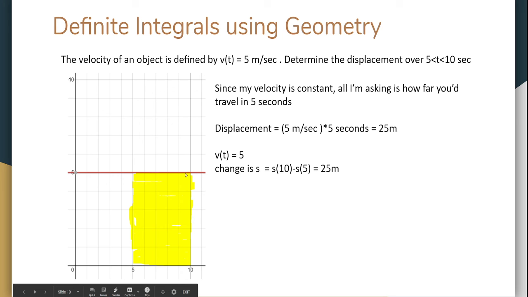So 5 times 5 is going to be 25. And then I go ahead and say here, I could also think of this as my change in s, my change in position, between 10 and 5 is 25 meters. So what I'm getting at here is we are still taking an integral. It'll become more apparent this week how.